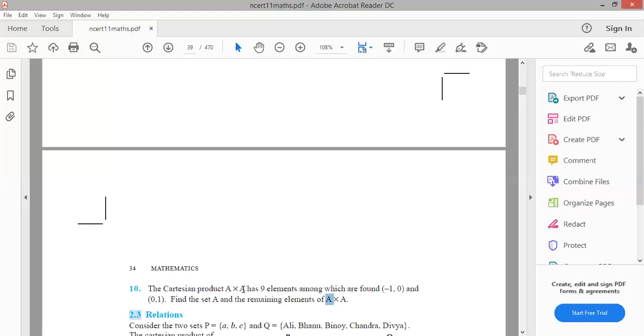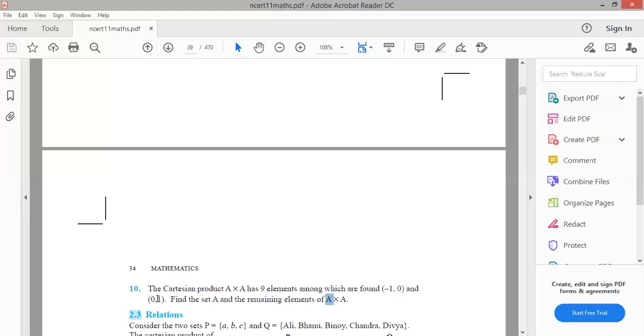But again there is A, so it contains 0, 1. You can see A contains -1, 0. A contains 0, 1. In totality, A contains -1, 0, 1. So A has 3 elements and they are -1, 0, 1.